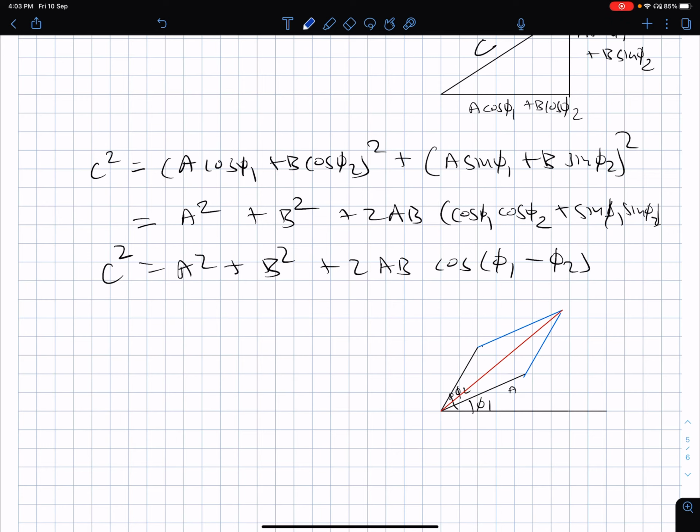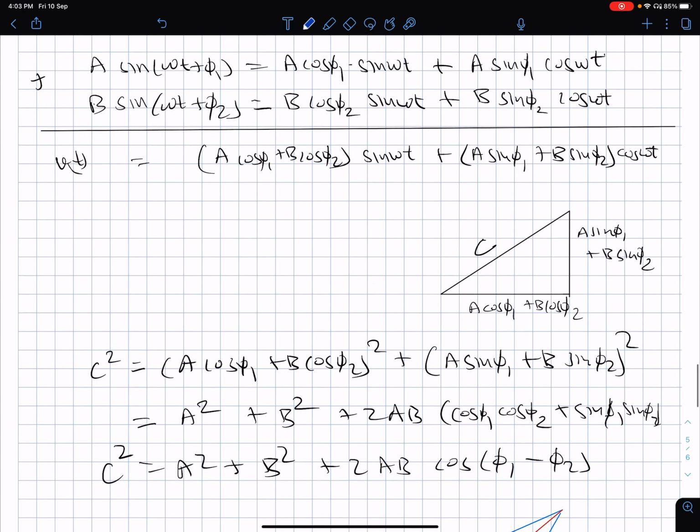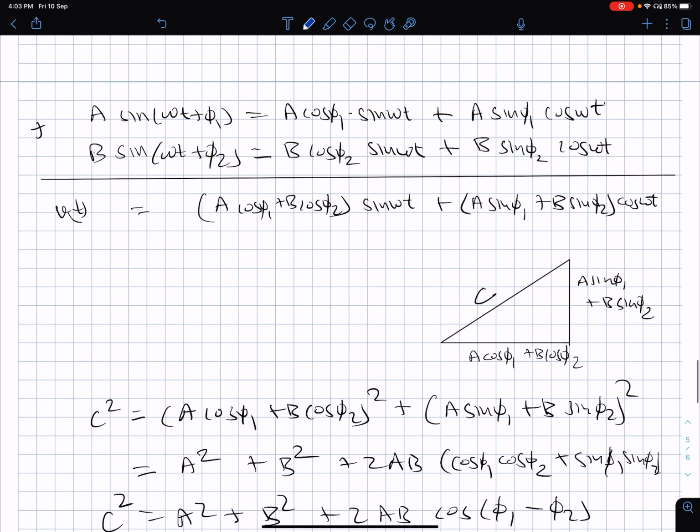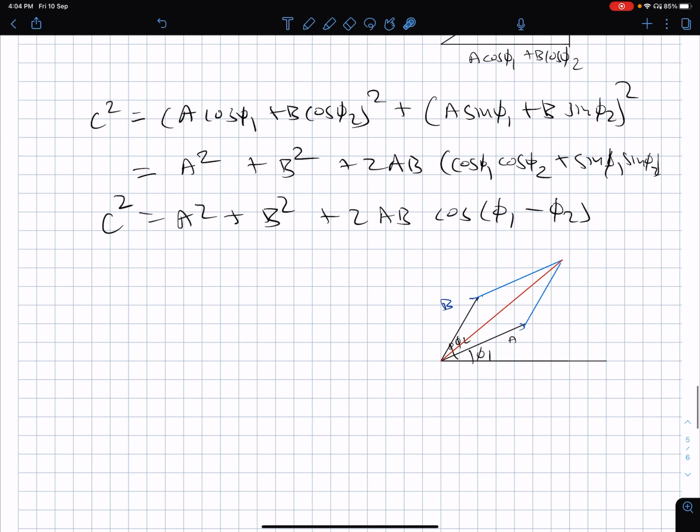Then it's like saying that if these are two vectors A and B, the first vector is shown by its magnitude A and an angle of phi 1, and the second vector is shown by magnitude B and an angle of phi 2.